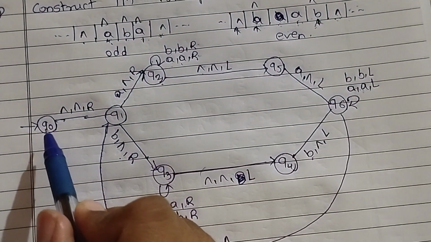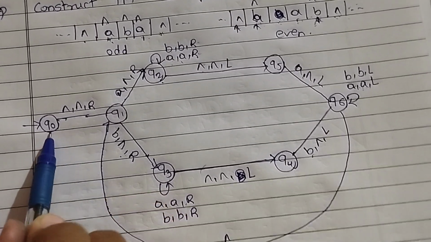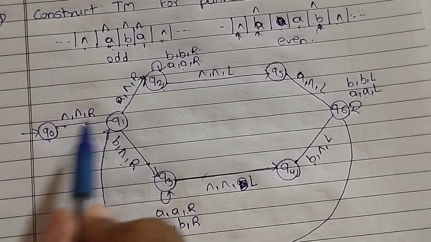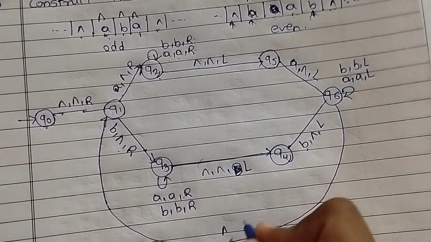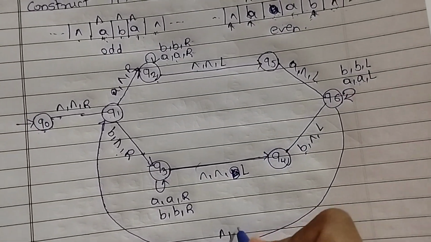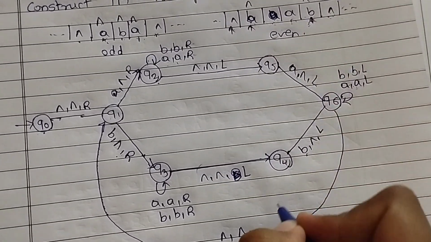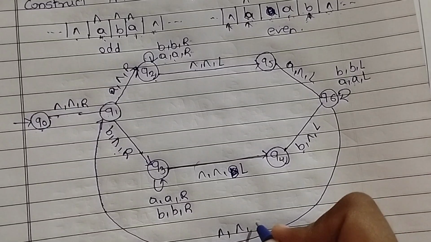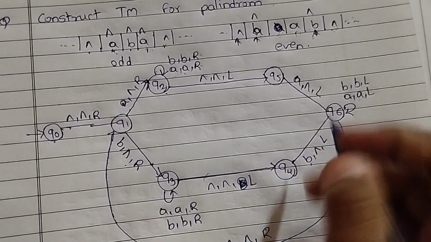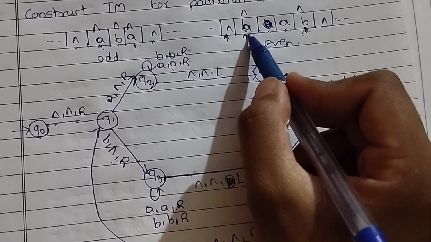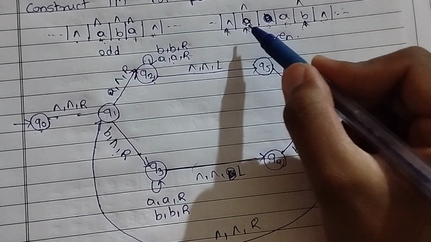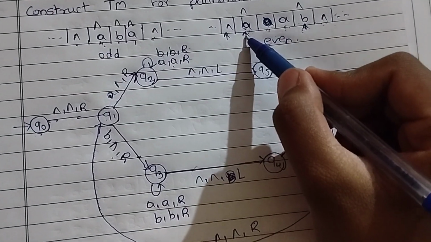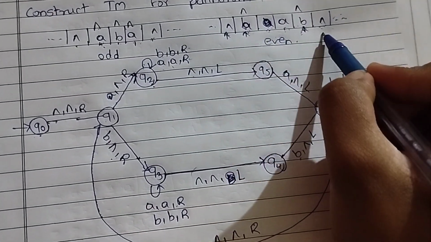So instead of connecting to the q0 state, I connect to the q1 state. So null, keep null as it is and move to the right side. Here after this string we read the null value, then keep this null value as it is, and now travel to the right side.